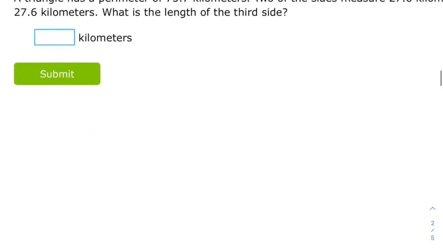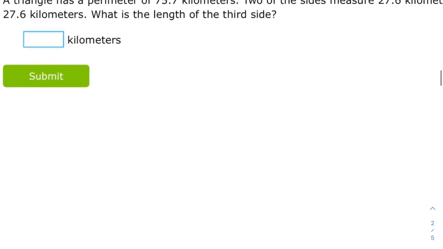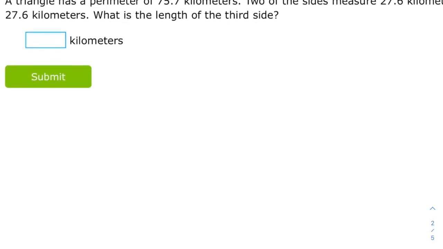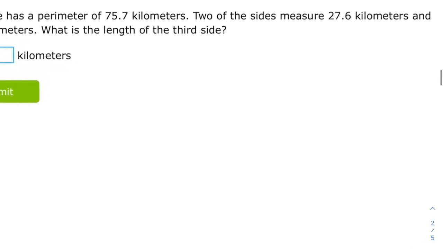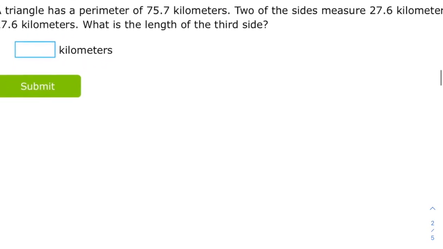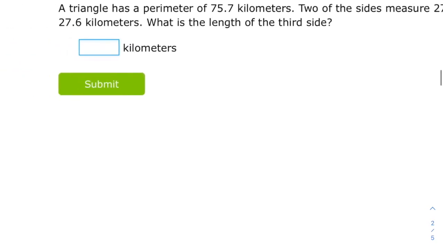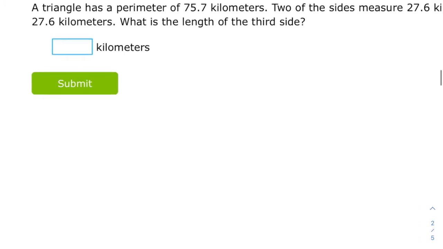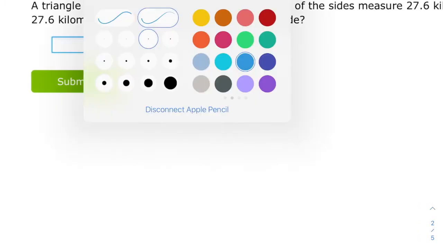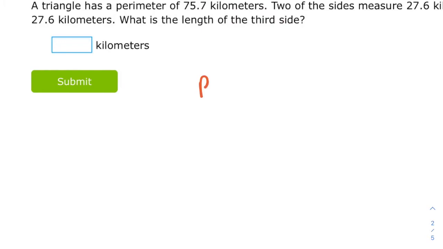All right, a triangle has perimeter 75.7 kilometers. Okay, they gave me the perimeter for this one. And it's a triangle, so I know that a triangle has 3 sides. So 2 of the sides both measure 27.6 kilometers. So what I need to do is perimeter equals 75.7.